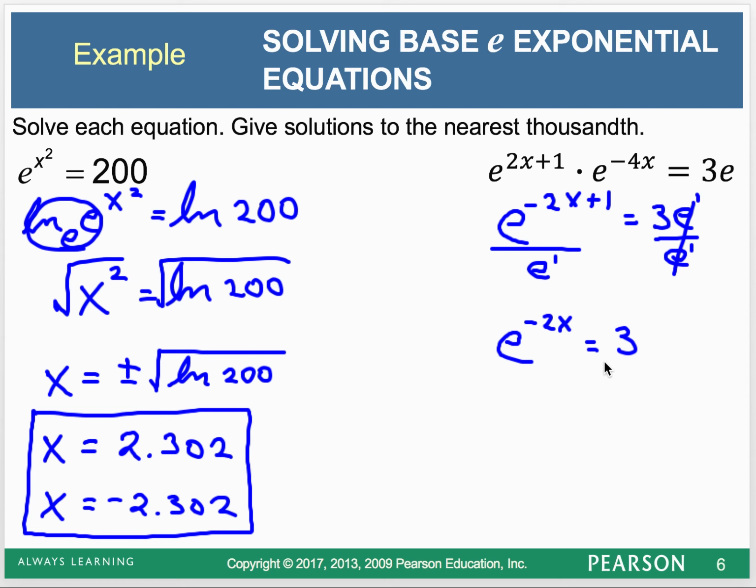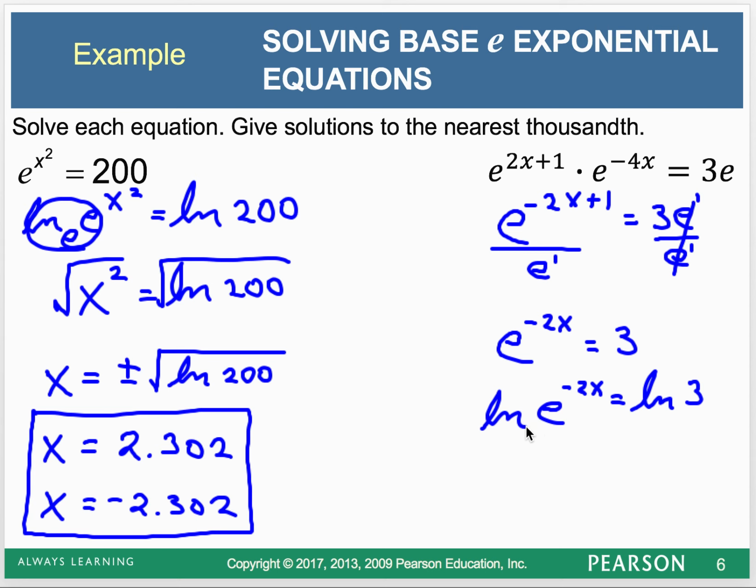Okay, so simplify first. I've got to have just one term over here that I'm taking the log of anyhow. So the natural log of e to the negative 2x is the natural log of 3.